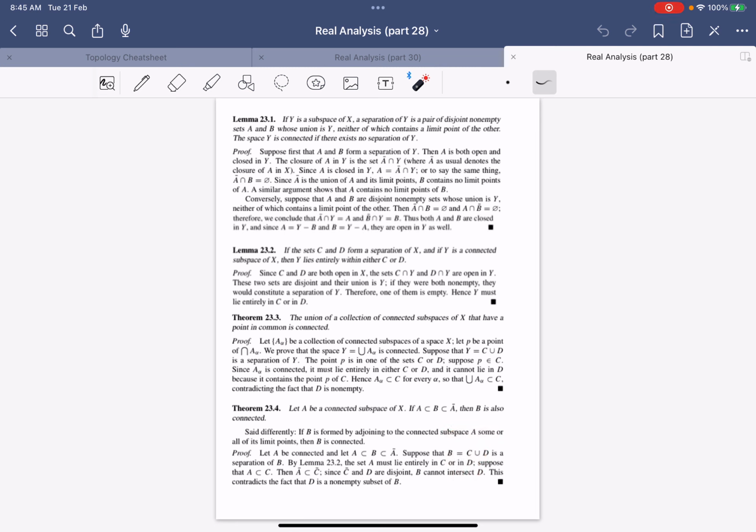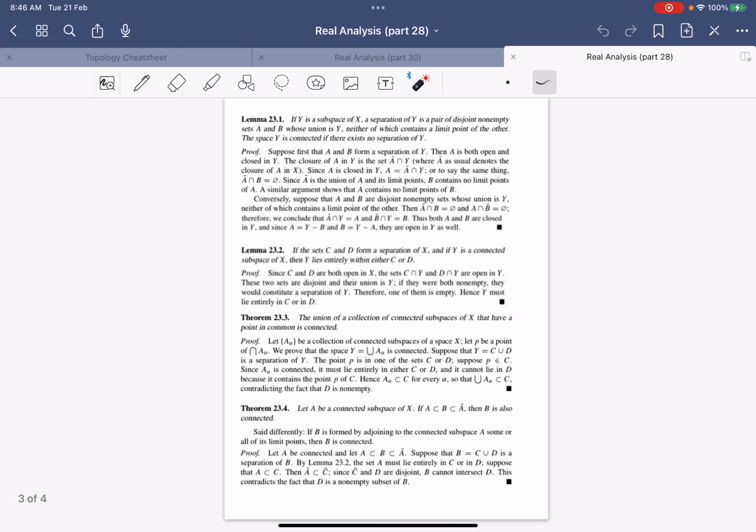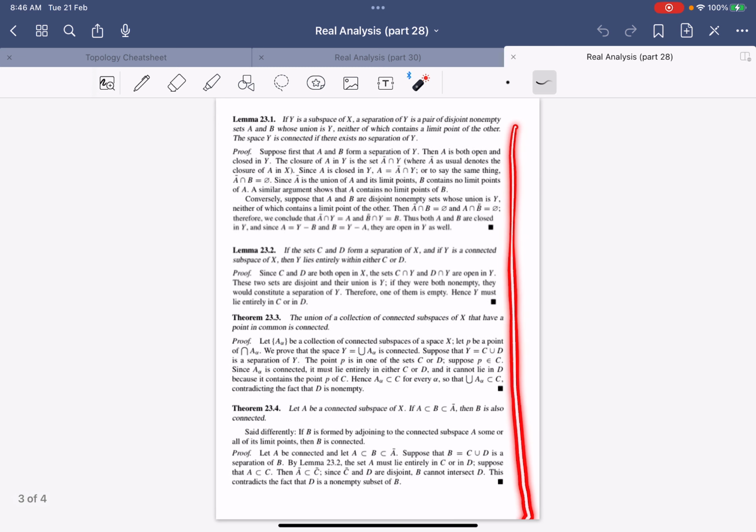So suppose that there is a separation again, then A must lie entirely in C or D. So let's say A lies entirely in C, then the closure of A must be a subset of the closure of C. And since the closure of C and D are also disjoint, it means that B cannot intersect D. And this contradicts the fact that D is a non-empty subset of B. And you're done. So I hope that these properties are clear. Please go through them again for you to better understand them.